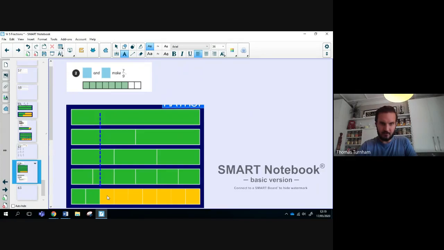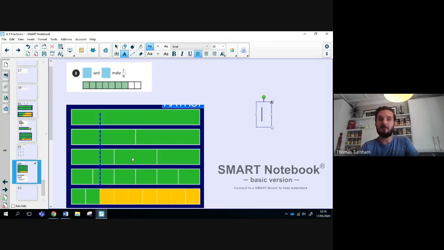If you're trying to do this, you've got to look at where the lines match up to the ninths. So I can see that my 1/3 line matches up, my 2/3 line matches up. So I can do 2/3, that matches there, and I've just got this gap here. I could do 1/2, but then that doesn't match along here, so that makes that a bit trickier. And I can't do 1/2.